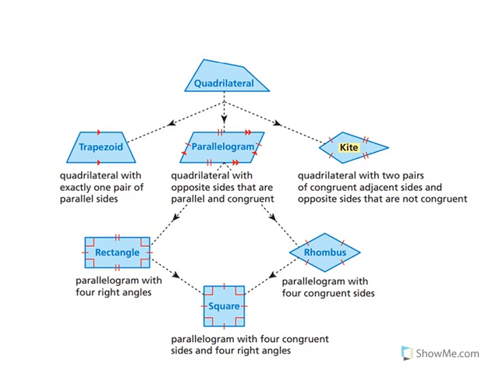So again, at the very top, you see just a quadrilateral. Any shape that is closed, a polygon, that has four straight sides and four angles is considered a quadrilateral. Then, from there, we kind of begin identifying specific types. So we'll begin with the oddball.